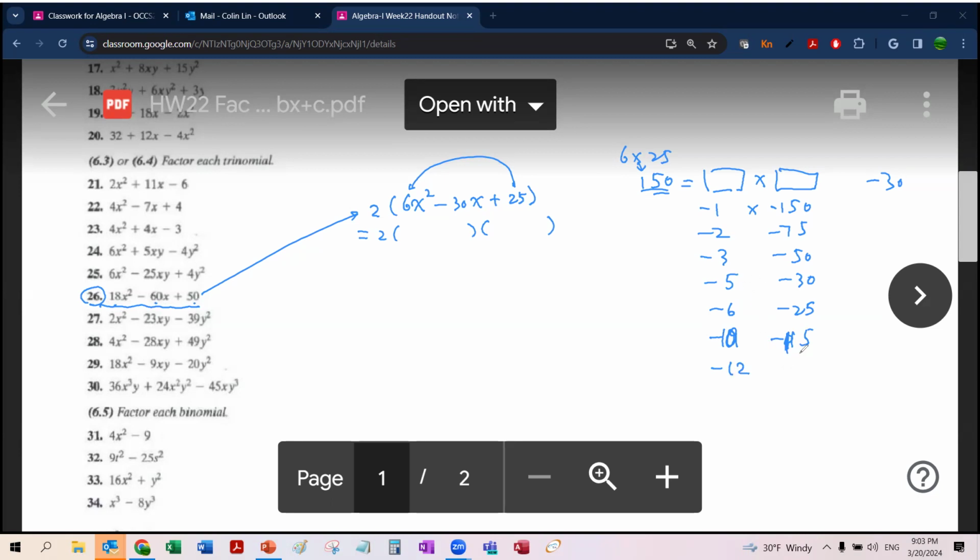No, cannot be divided by negative 12, because 150 you cannot divide by 12. So that's all. Looks like we didn't find any. Did you guys find some numbers that can continue to factor this? No, right?